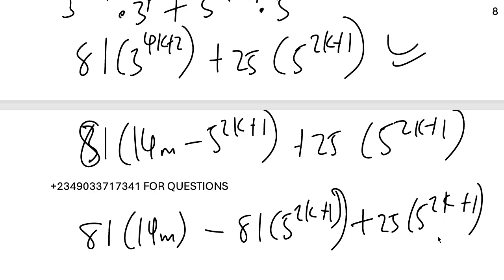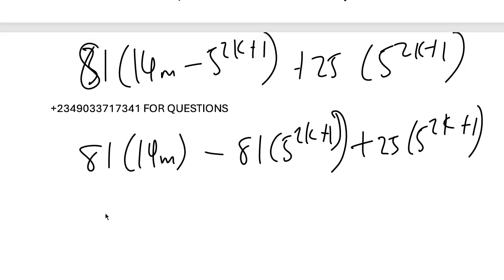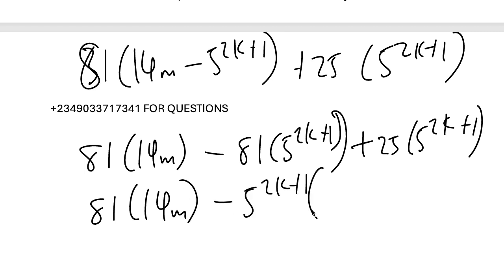You can now factor out 5 to the power 2k plus 1. So that will be 81 into 14m minus 5 to the power 2k plus 1 times 81, because this divided by this will give us positive.